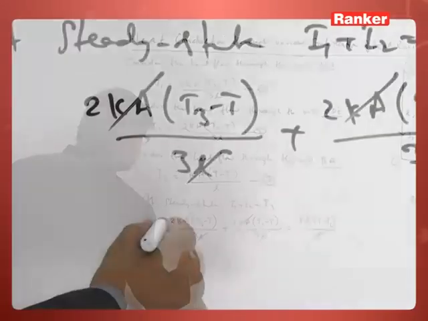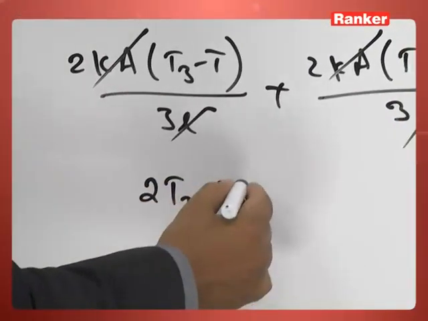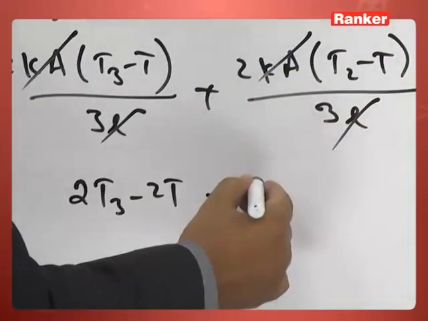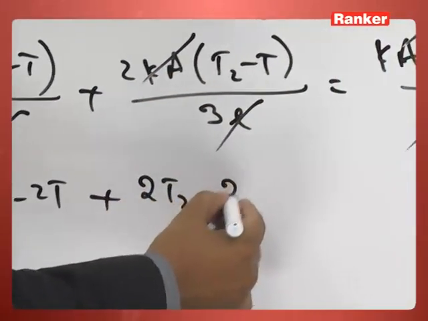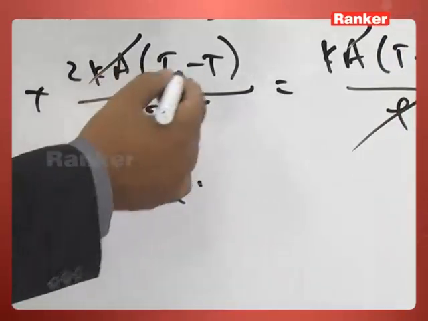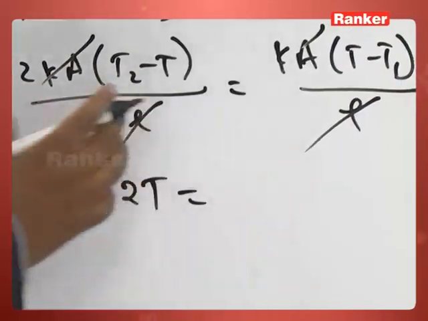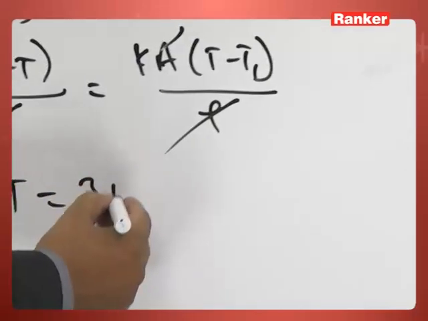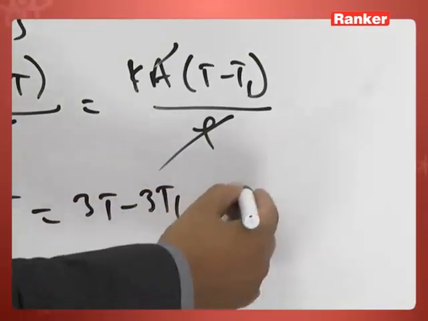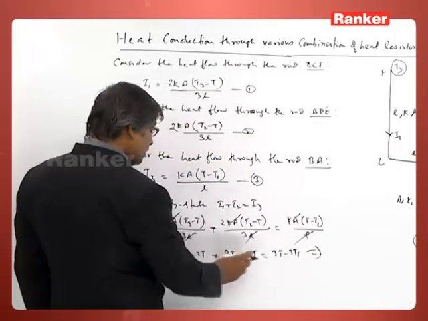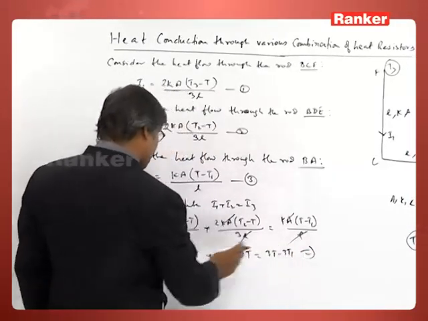So, we have 2 T3 minus 2 T plus 2 T2 minus 2 T, and this 3 is multiplied here, 3 T minus 3 T1.